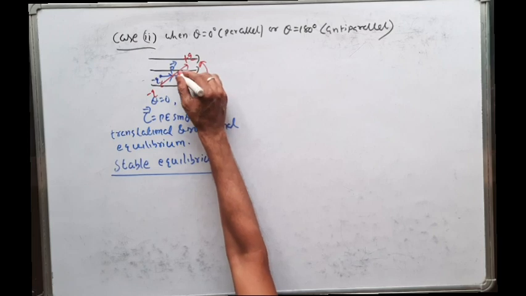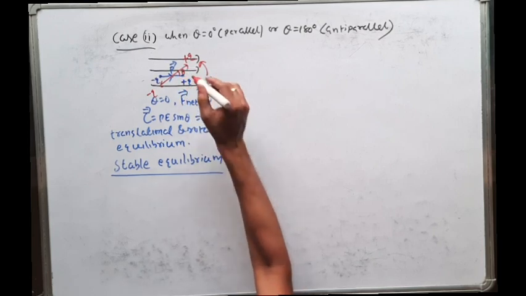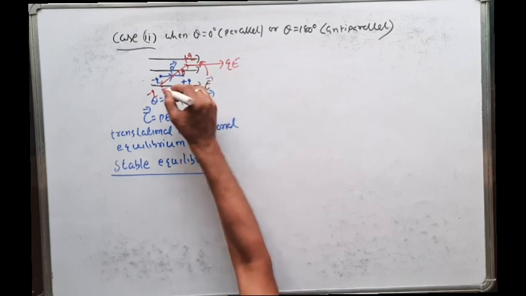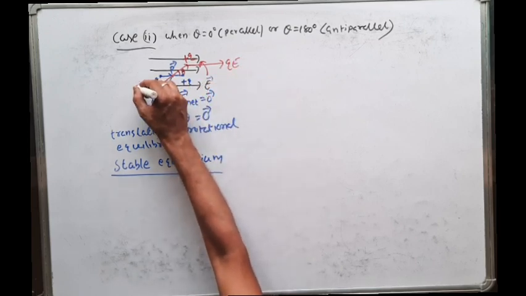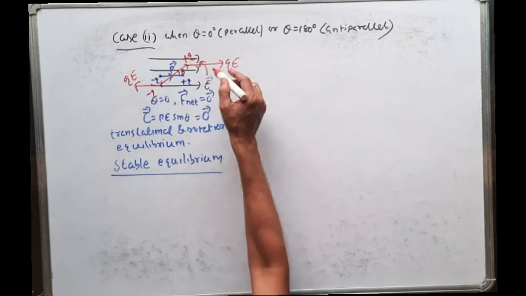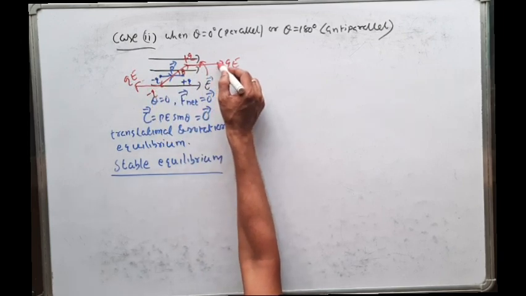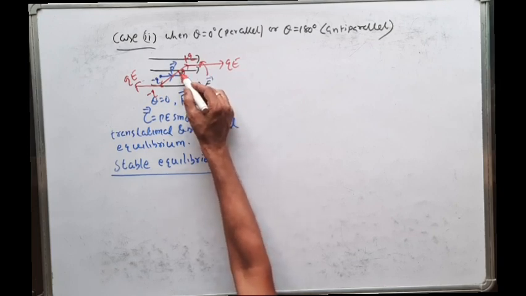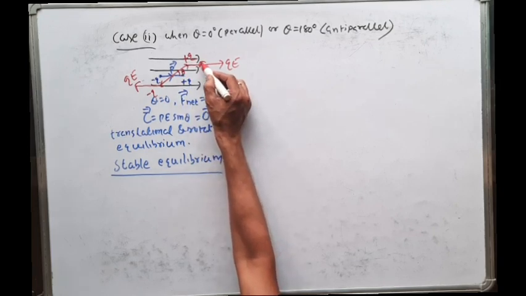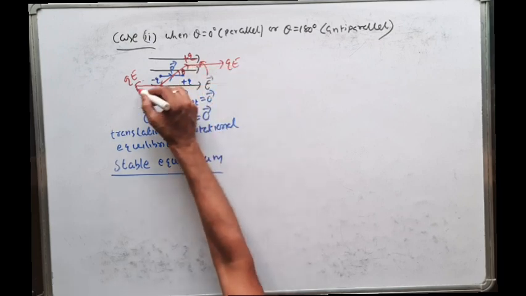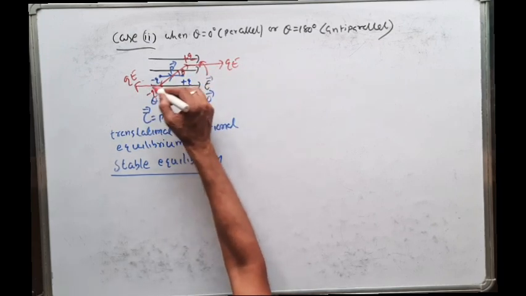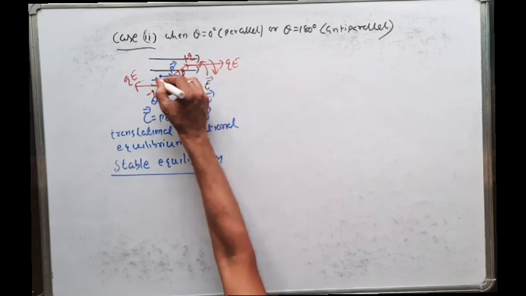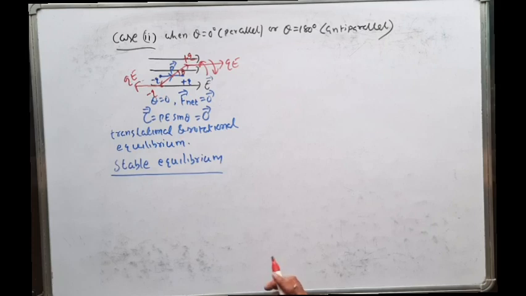When I rotate by some angle theta, plus q will experience a force towards right and minus q will experience a force towards left, that is qE. Same magnitude, opposite sign. So if I try to rotate the dipole in anti-clockwise direction, a torque will be produced due to this qE force, and that torque will try to bring the dipole again to its initial position.